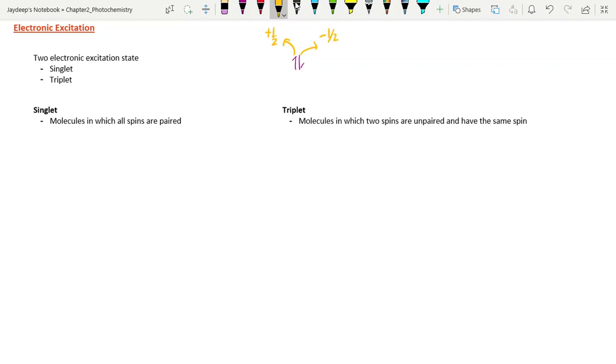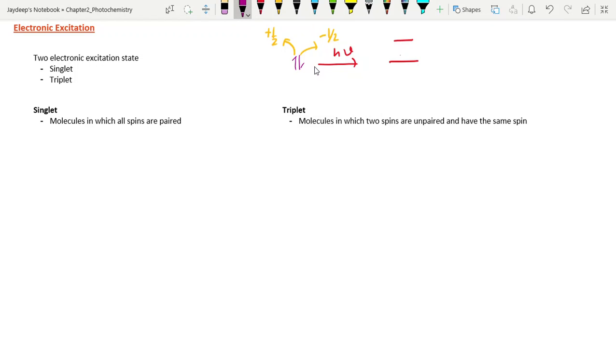So this is the spin value for these spins. Right? Upward always represents plus 1/2 and downward always represents minus 1/2. Now let us consider one by one. When this molecule absorbs h nu, it goes into the excited state, right?